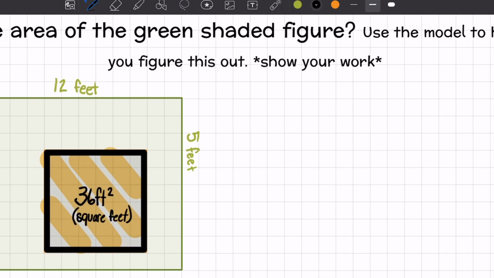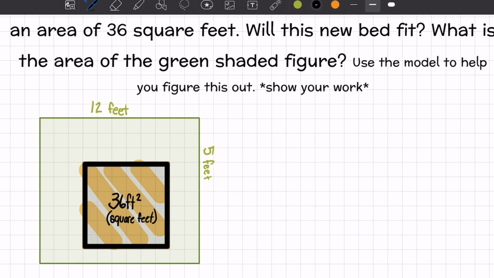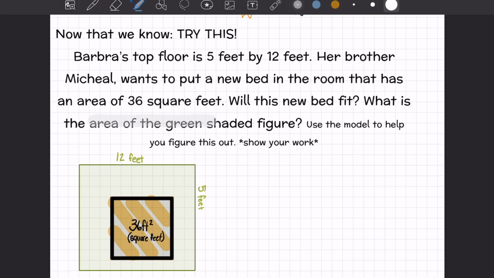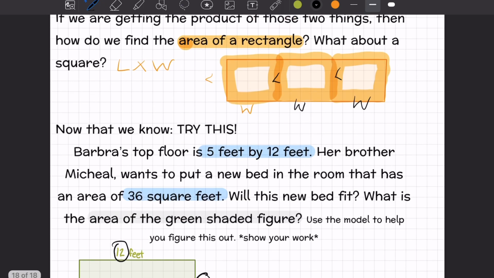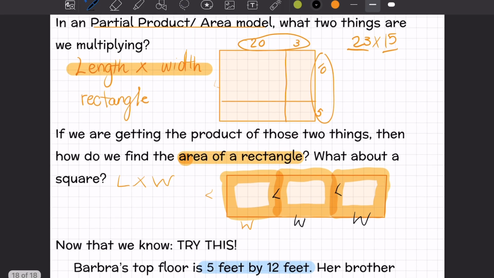Now here, this is where we start furthering that knowledge. Now we're looking at the area of the green shaded figure, separate from the areas that we find by doing this and the quotient that we find doing this one. So what that basically means is now we have to look at our length and our width. We know from up here that the length times the width will be our area.